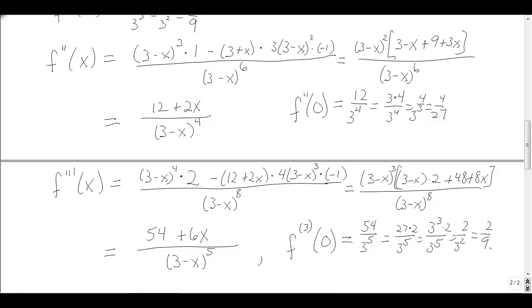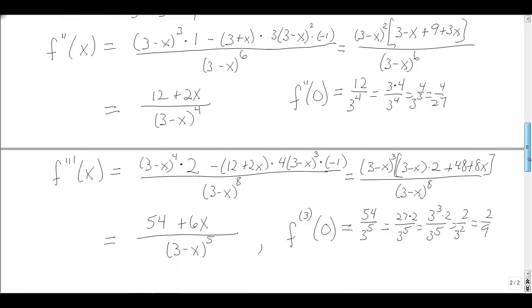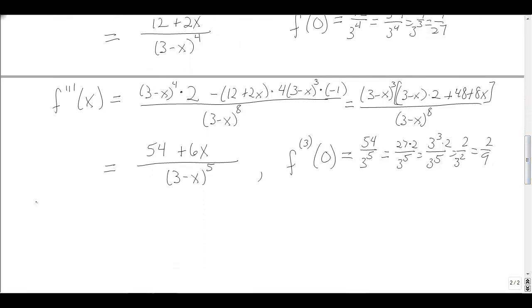So we got a first derivative, second derivative, third derivative, and I guess the function evaluated at 0. So now our Taylor polynomial of order 3 centered at 0. So it's a Maclaurin polynomial.